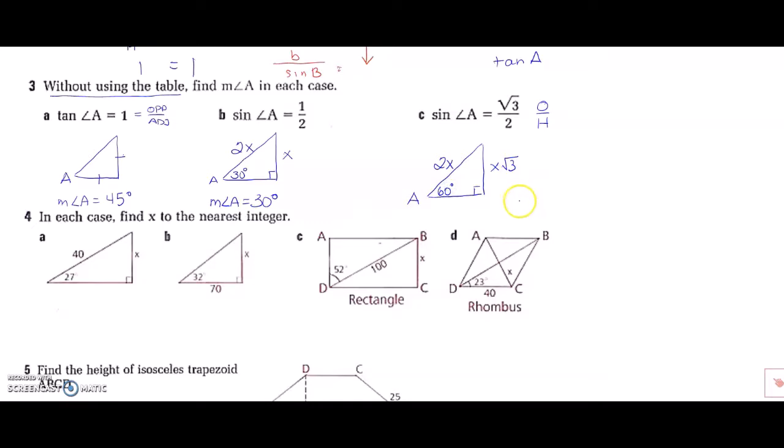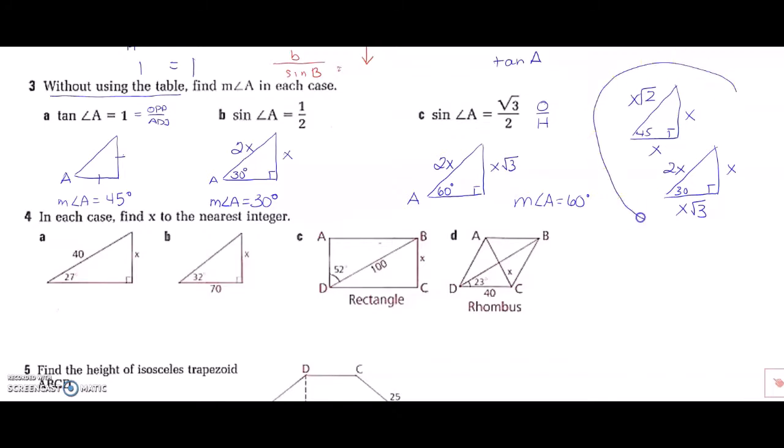If you struggled with any of those, I strongly encourage you to go back over the 45, 45, 90 and the 30, 60, 90 and absolutely, positively, without question, commit these two to your brain because you will need them at every level of mathematics from now on.